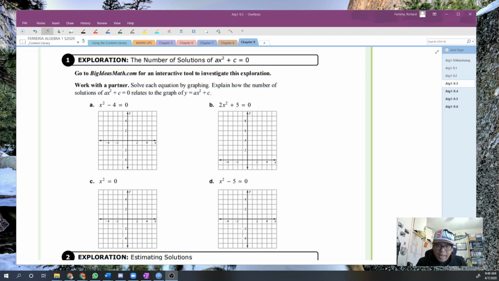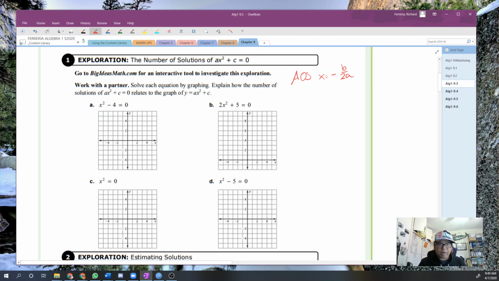Right off the bat, they have us graphing a few parabolas, so might as well play along with them. Let's take a look at letter A, and the first thing we're going to do is find our axis of symmetry. Remember that equation: axis of symmetry is x equals negative b over 2a.